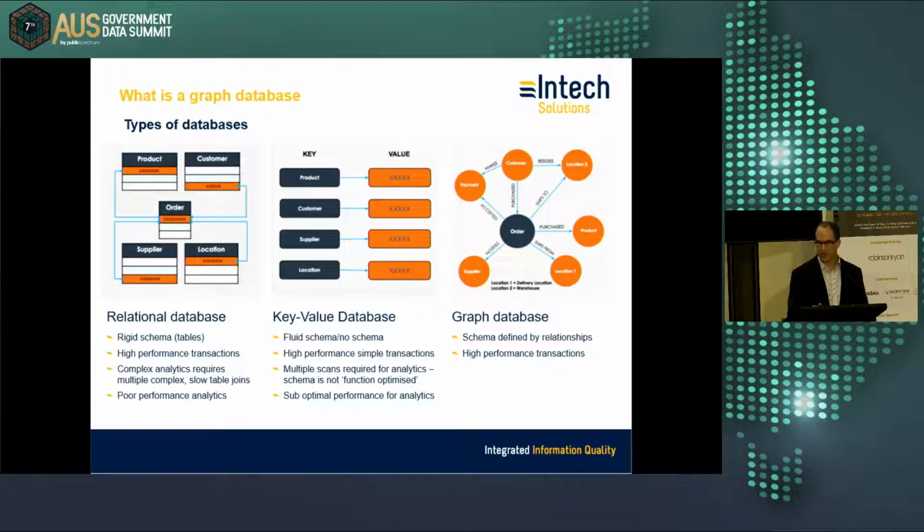It can provide high-performance transactions, as can the other types of databases. It's got pre-connected entities with storage optimized to traverse the graph edges. And that's a key thing. The whole storage concept and the indexing is designed for very fast querying, traversing the graph edges. So it looks at one entity, how am I connected to my next entity, how am I connected to my next.